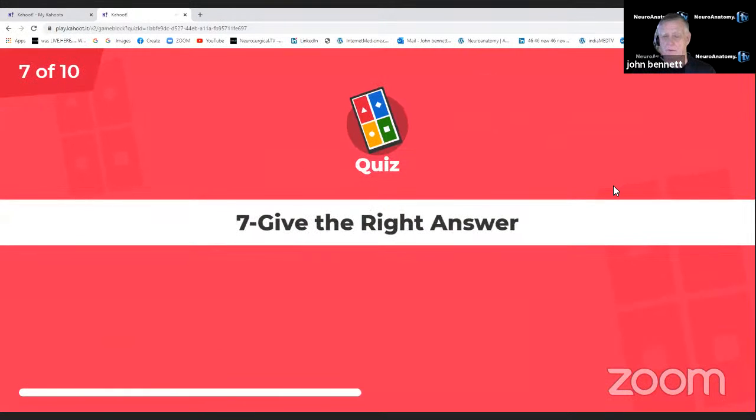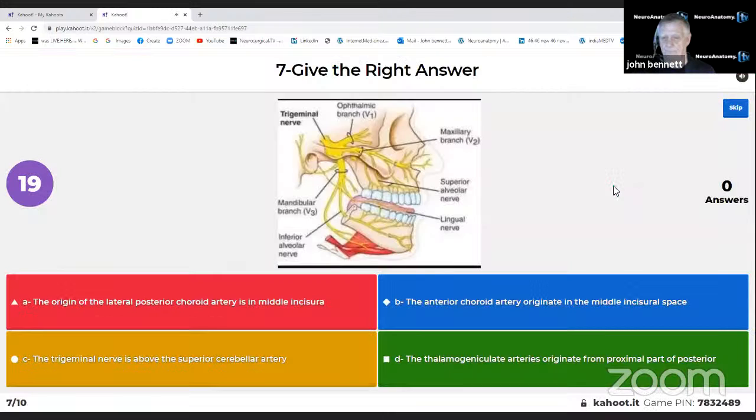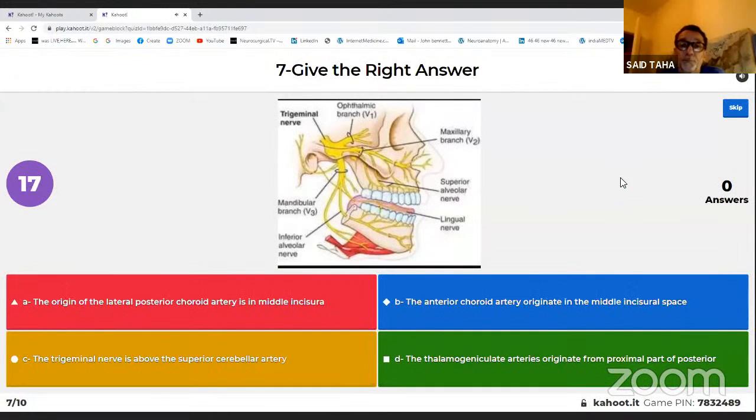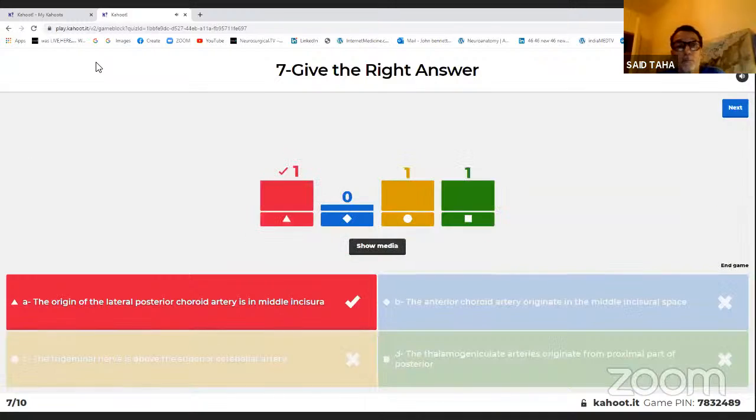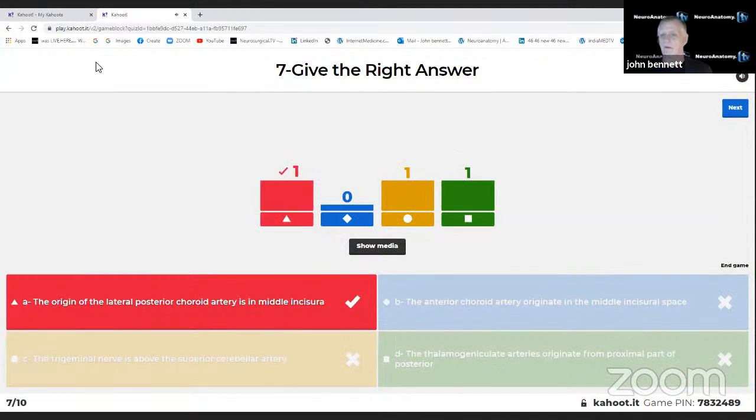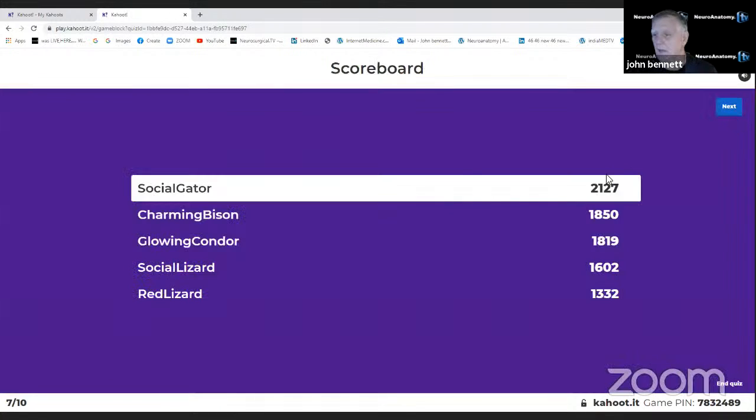Okay, 7th question. Okay, correct answer. One person got it right. The origin of the lateral choroid. Okay, next.